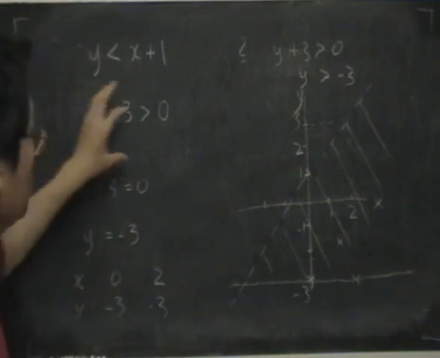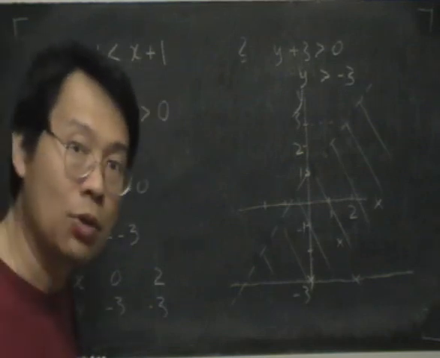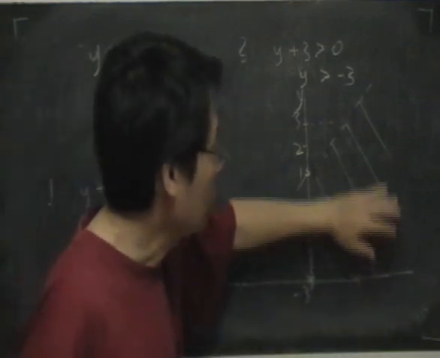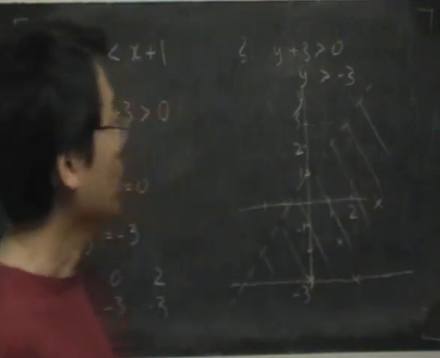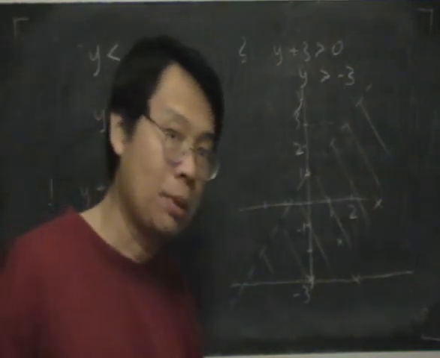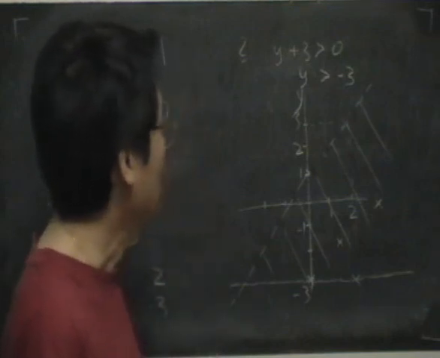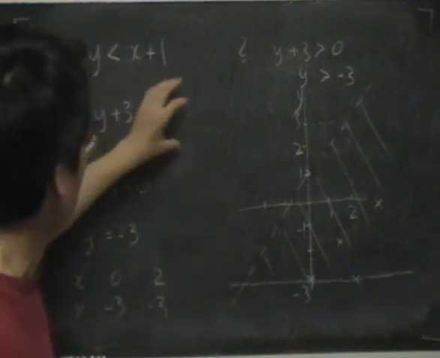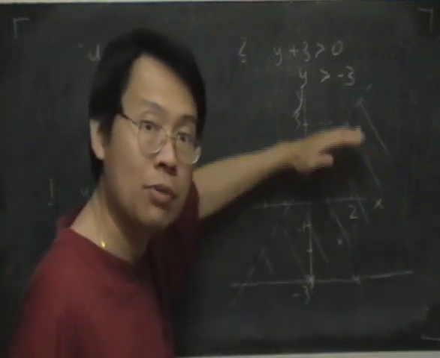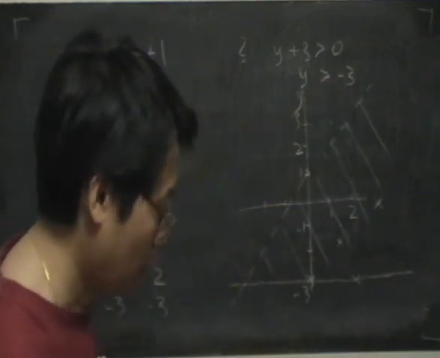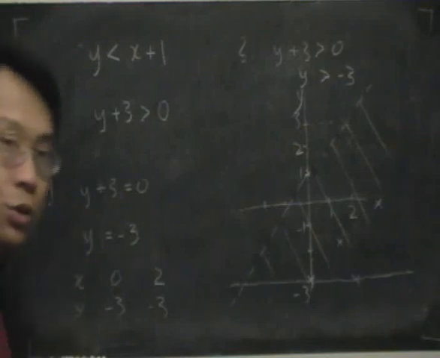So if I want to shade the area for that inequality, I will have to shade all the area that is above that line. Okay, so remember that the possible area for this inequality is the area above that line. Okay, I'm not going to shade it yet.